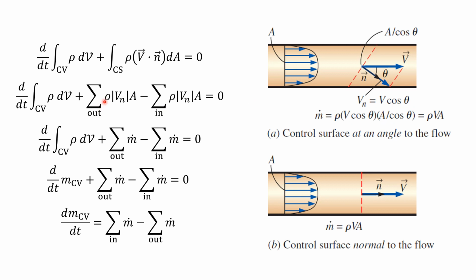We can just substitute it with m out and minus m in. At the end you will get a formula like this: the summation of m entering minus the summation of m going out of the control volume equals the change in the system.